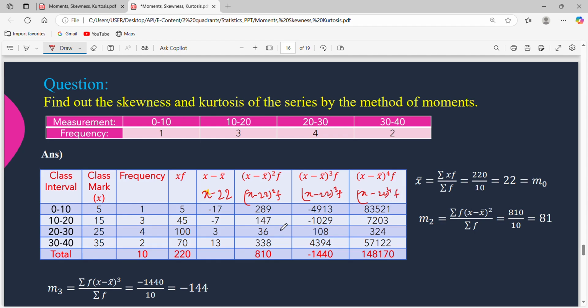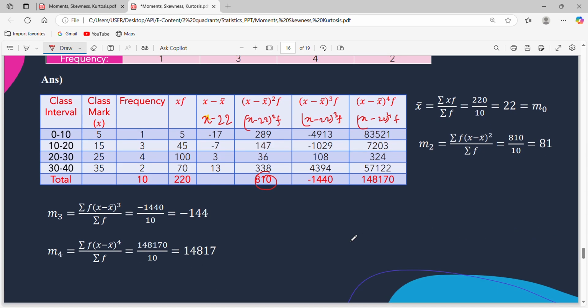Okay, so m2 equals the sum of f into this column, divided by 10, that is 81, and m3 equals minus 144, and m4 equals 14817.